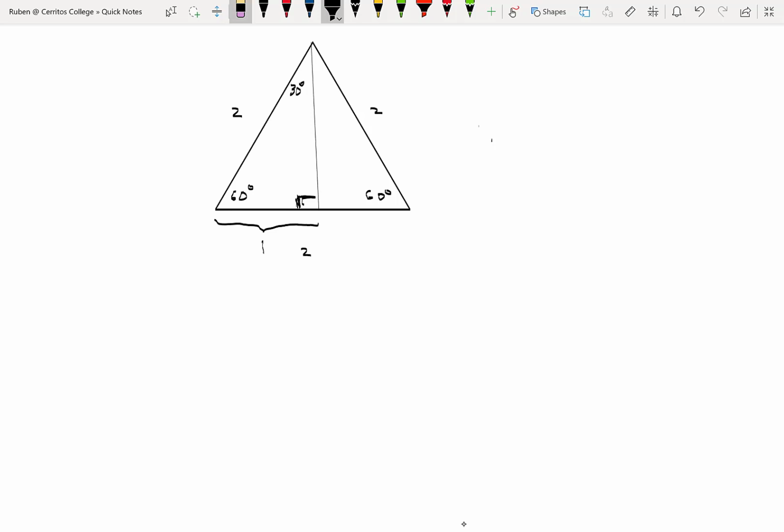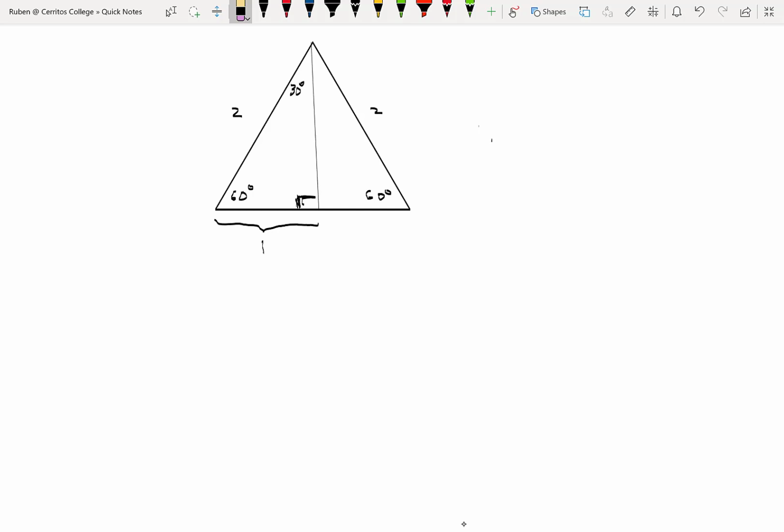Okay, so let me get rid of that side of length 2. And now we're looking at a 30, 60, 90 triangle on the right-hand portion of this cut-in-half equilateral triangle.